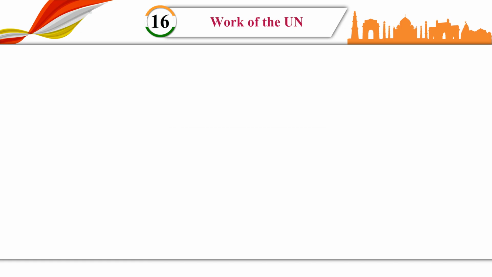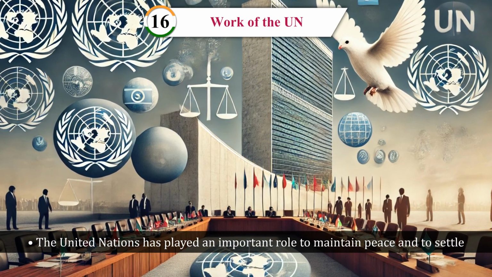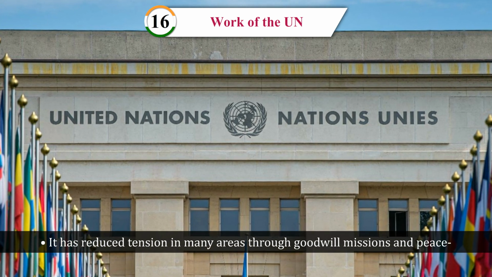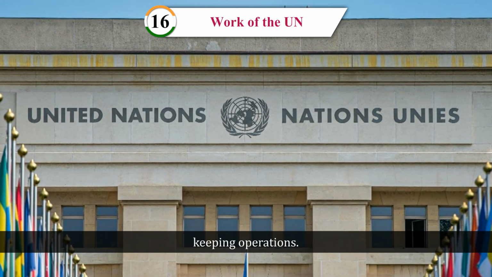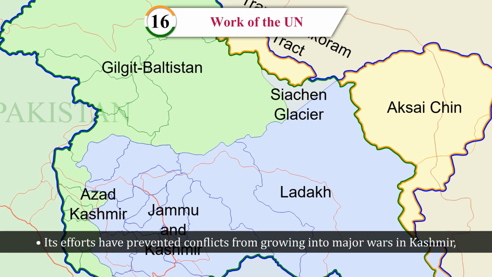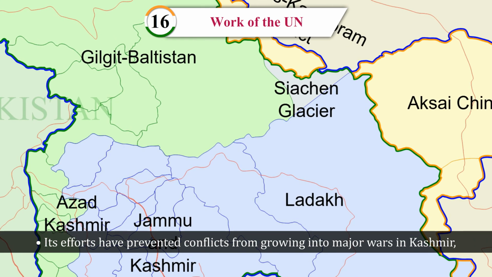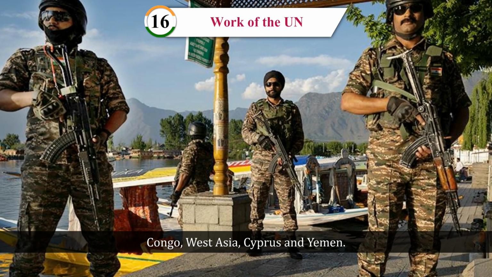Achievements of the UN. The United Nations has played an important role to maintain peace and to settle international disputes. It has reduced tensions in many areas through goodwill missions and peacekeeping operations. Its efforts have prevented conflicts from growing into major wars in Kashmir, Congo, West Asia, Cyprus and Yemen.